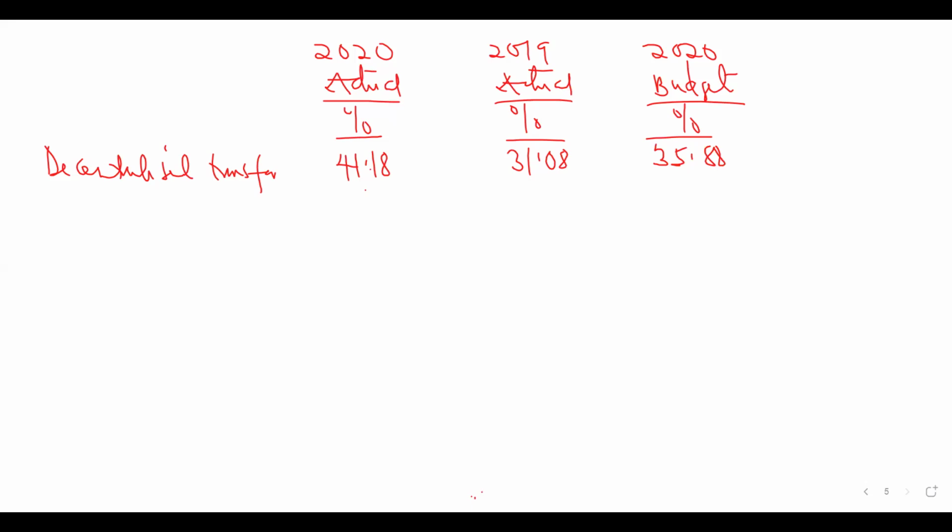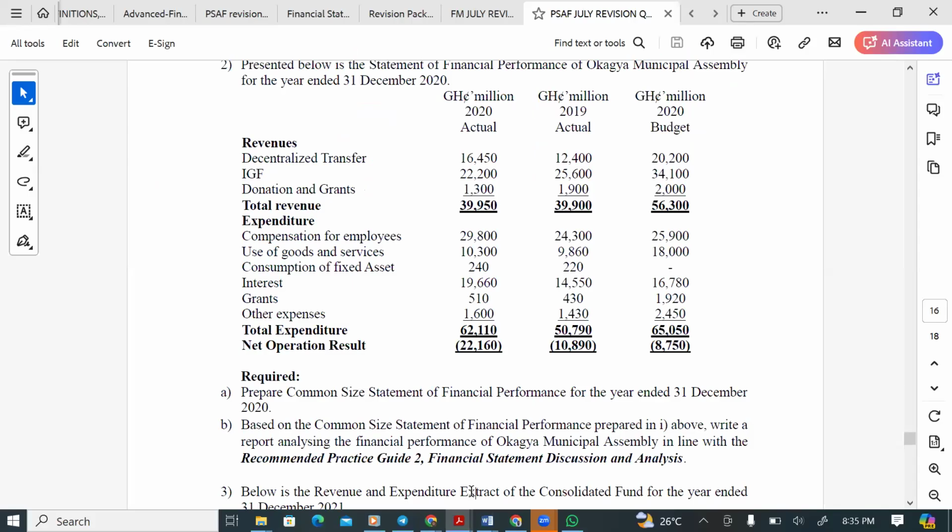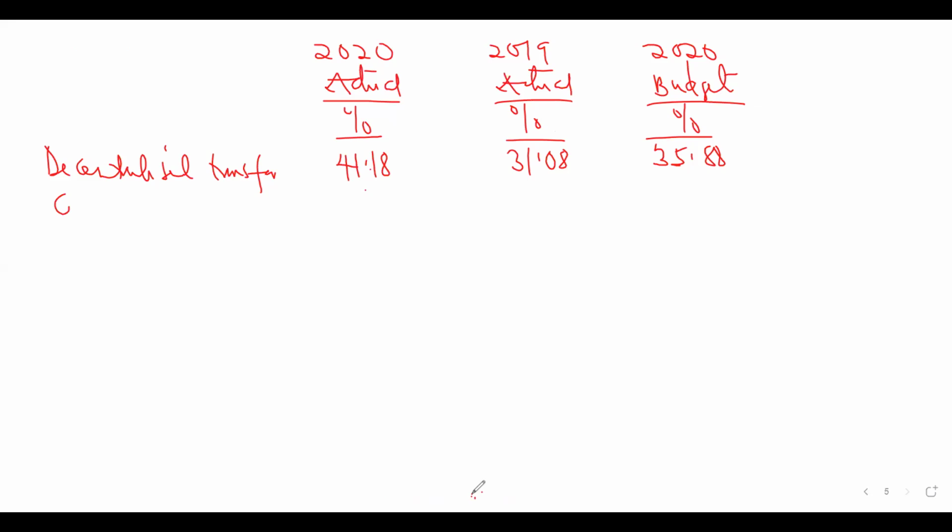Let's come to the next one. The next item will be IGF. What will be the percentage for the IGF? 55.57.